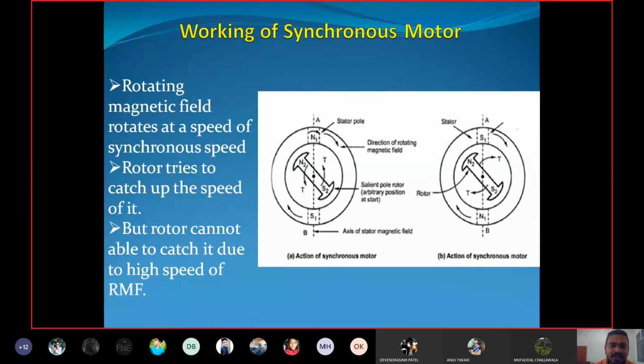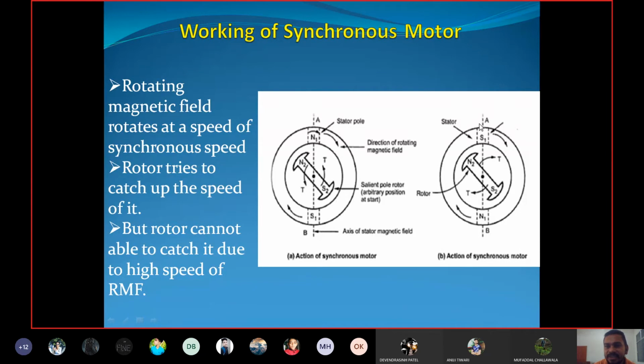Once again the rotor starts to rotate in the anti-clockwise direction due to the force of repulsion, but due to the high mass inertia of the rotor and the high speed of the rotating magnetic field, the stator poles are changed before the rotor starts to rotate.